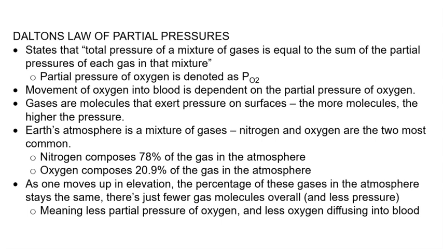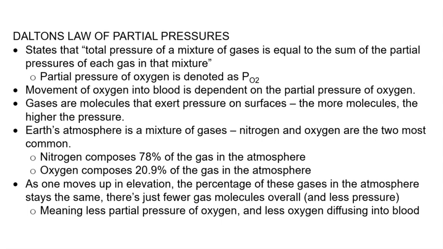The diffusion, or movement, of oxygen into the blood is partially dependent on the partial pressure of oxygen, with higher partial pressures of oxygen helping more oxygen diffuse into the bloodstream, and lower partial pressures resulting in less diffusion of oxygen into the blood.